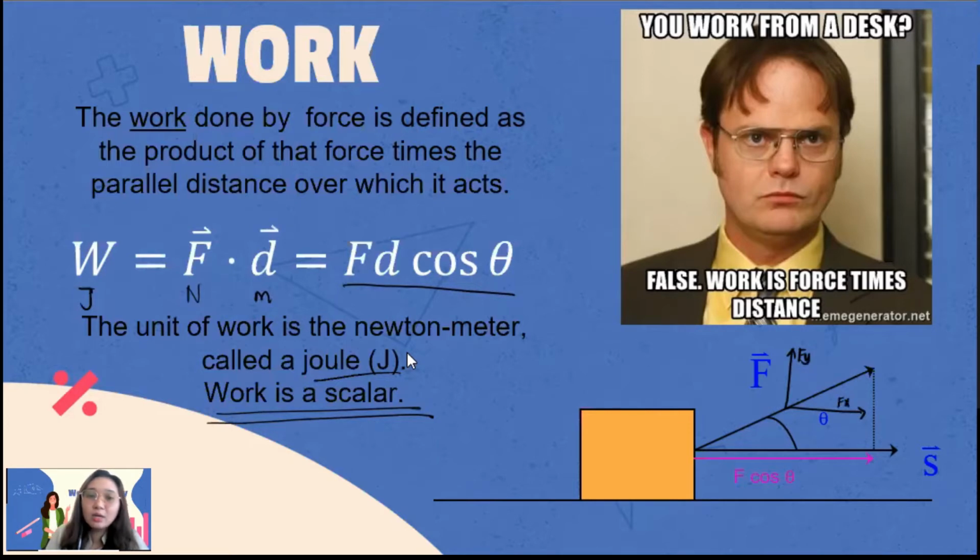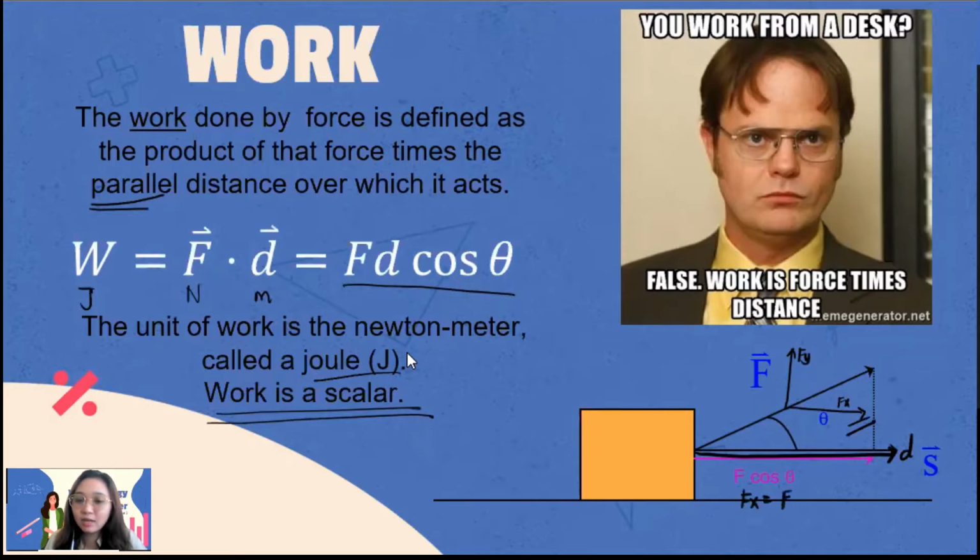Okay? So, define natin ang work as force parallel over the displacement. If the object displaces towards this direction, the force parallel to its displacement is the x component.